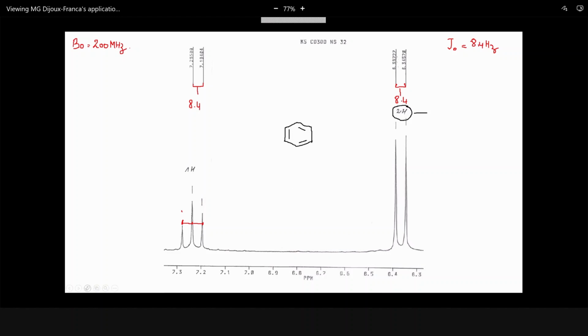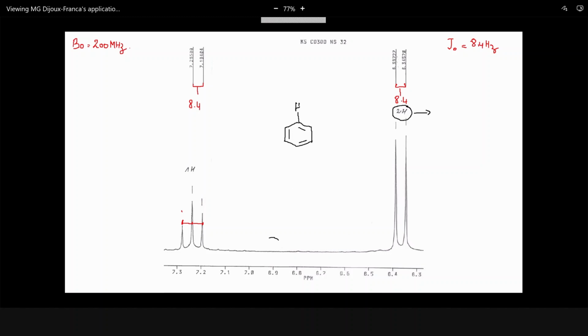So if I interpret this, we have the two hydrogens at the ortho position.